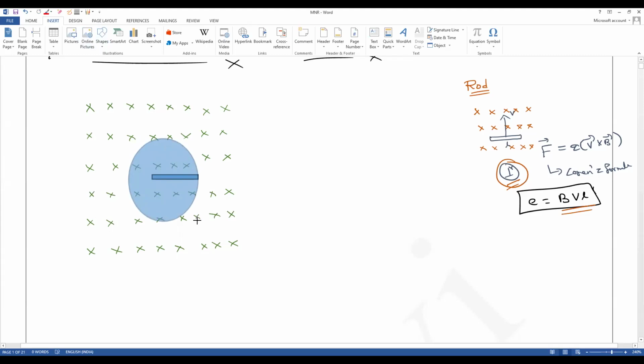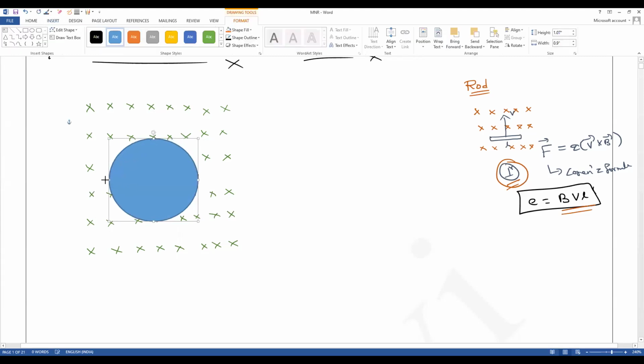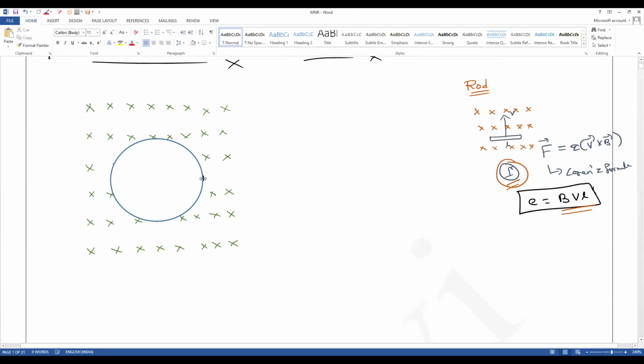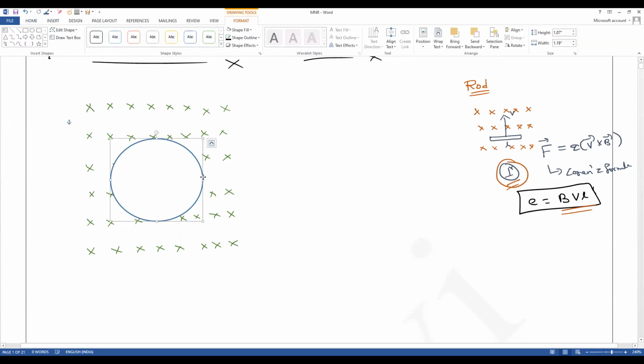So now it will start making the rotation, a revolution we can say. It will be spinning completely with the radius r. Am I right, guys?